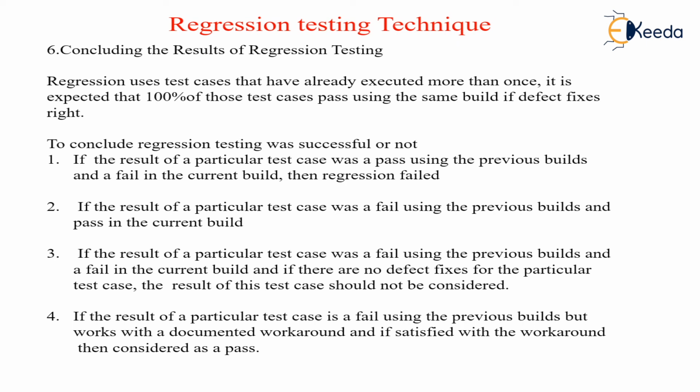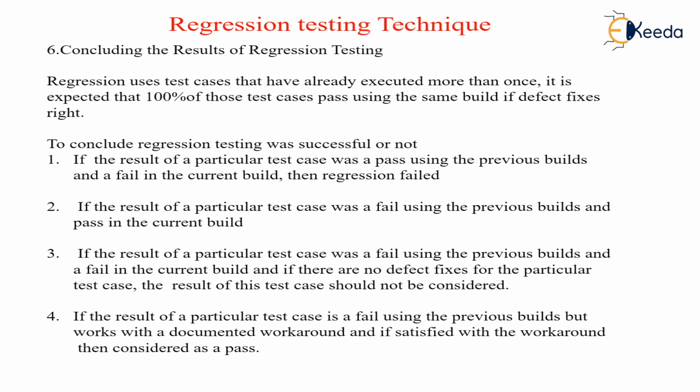It should pass 100%. It should not give a negative result when the same build is introduced and if defects are fixed correctly. To conclude the regression testing, we say whether we are successful or not: if a result of a particular test case was passed using the previous build and failed in the current build, the regression failed.